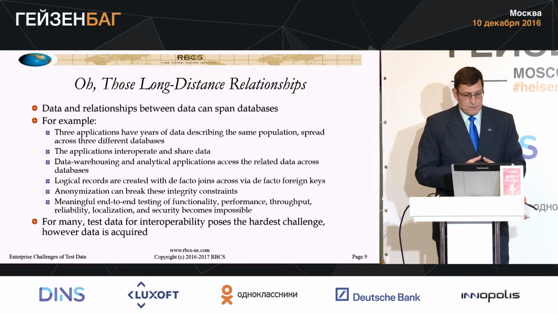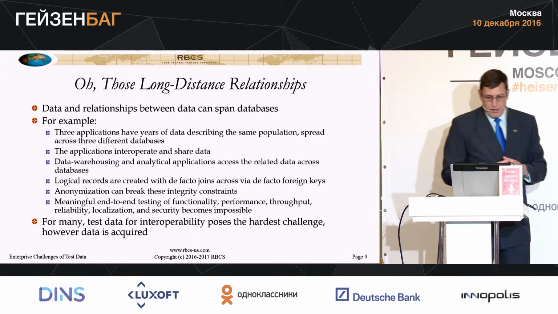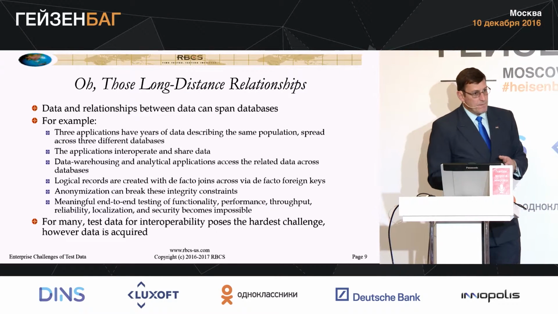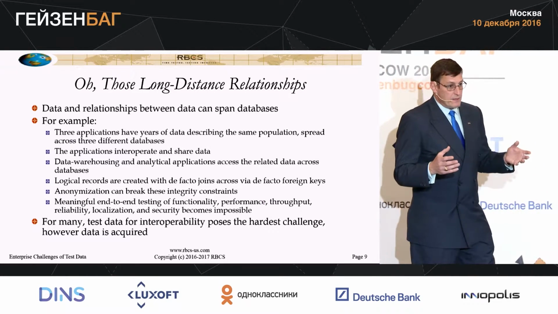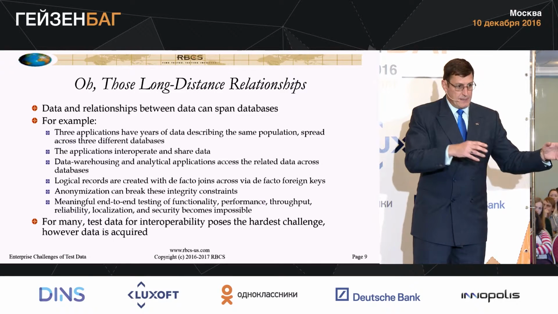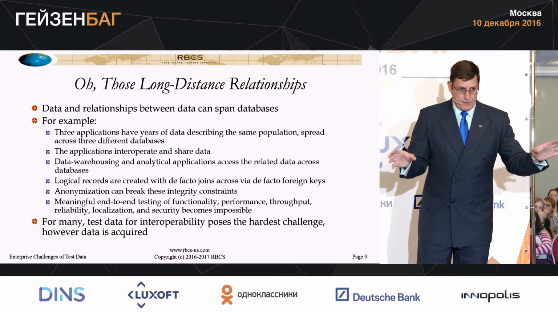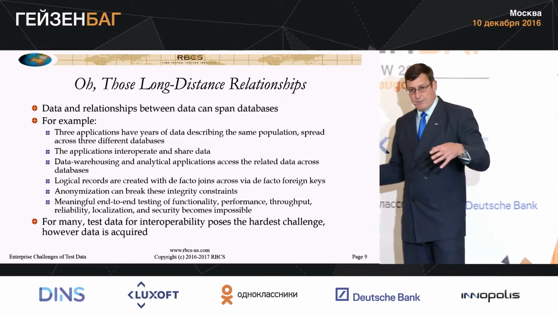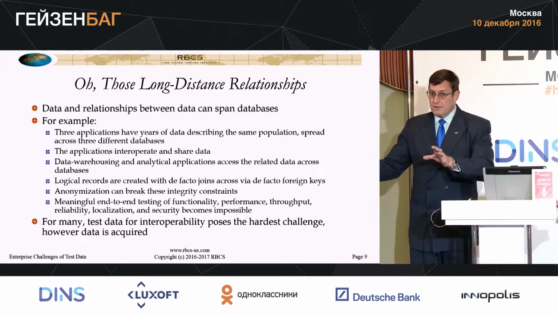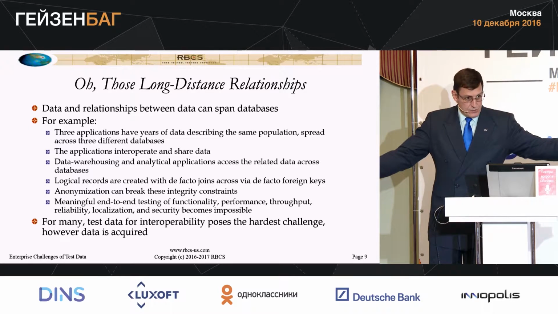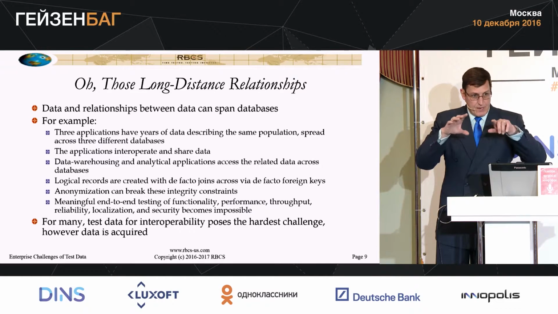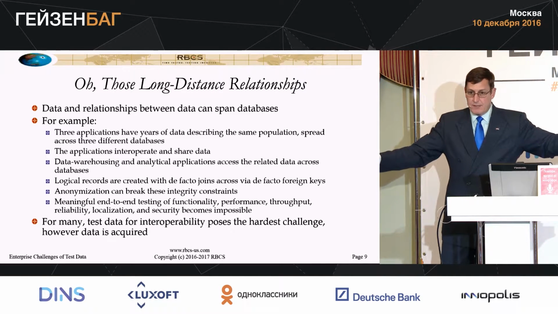Okay. So what happens when I go and anonymize the data? Could be a problem, couldn't it? Because the anonymization could be fine in each of the databases, but if John Brown becomes Lester Camden in one database and John Brown becomes Bobby McGee in another database, now when I try to test across those, looking for, show me all instances of John Brown in any of these three databases, right?